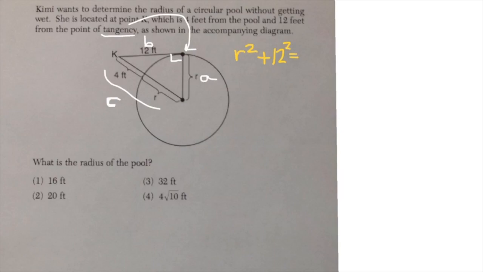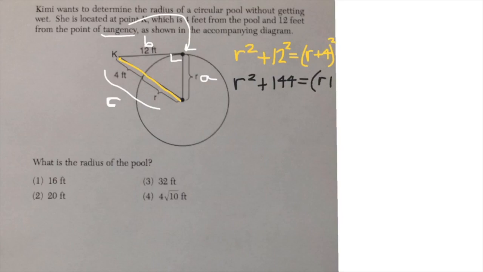Well, C is the radius plus another 4 feet. So you're going to do the radius plus 4 feet squared. So that's our equation, and we can try to simplify it by just multiplying 12 times 12 and get 144.